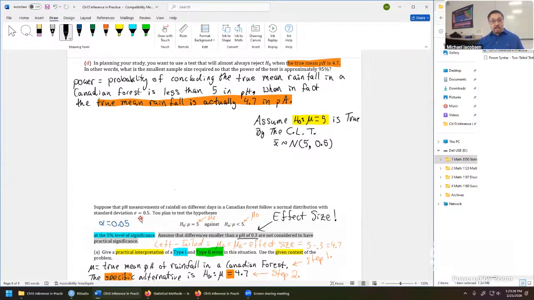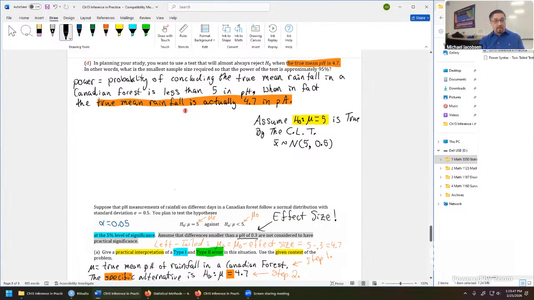So we make that assumption right away when we're going to compute the hypothesis test or conduct the entire hypothesis test. But if we're about to calculate power, we have another assumption. Power is going to be the probability of concluding the true mean rainfall is less than 5, rejecting that null, when there is another assumption in the background.